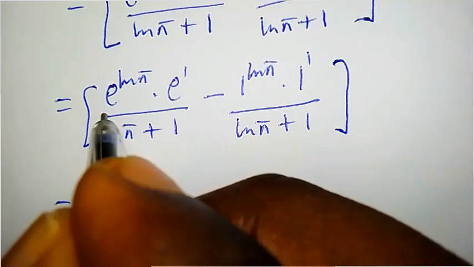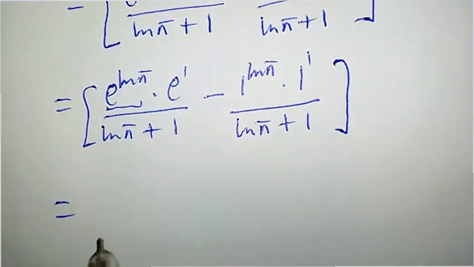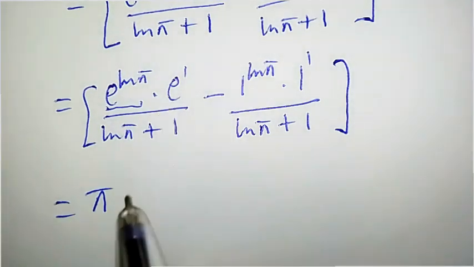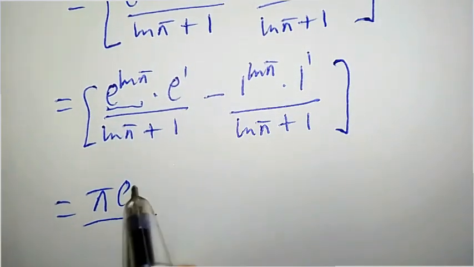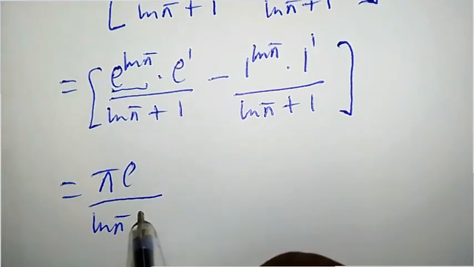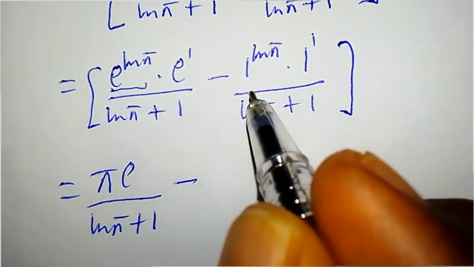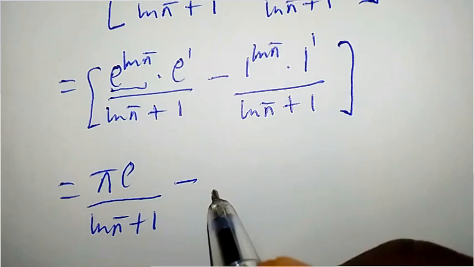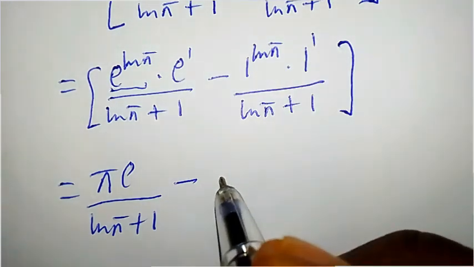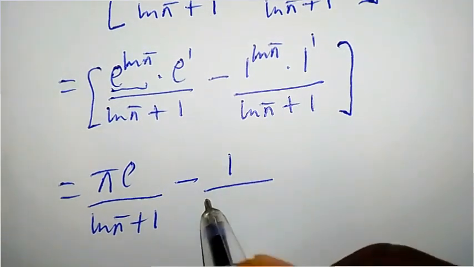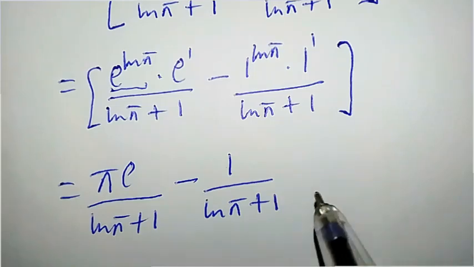This is equal to, what is e to the power of ln pi? That is exactly pi, times e over ln pi plus 1, minus 1 to the power of any constant, that is 1. 1 times 1, we have 1 over ln pi plus 1.